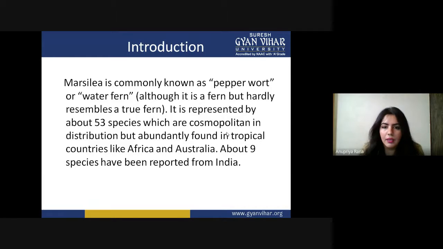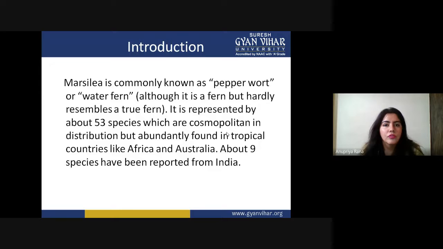It is represented by about 53 species. Marsilea is a genus, and we studied plant taxonomy, and we know that a genus contains several kinds of species. So this genus Marsilea represents about 53 species worldwide, and they are also cosmopolitan, meaning they can be present everywhere.